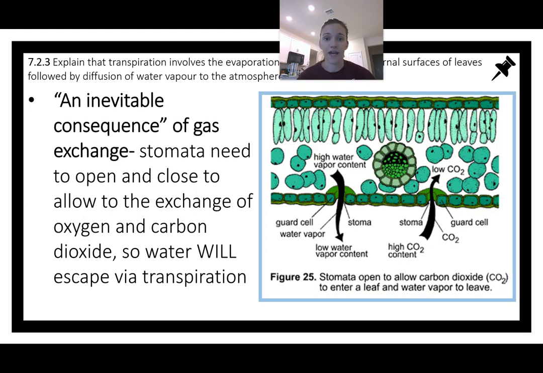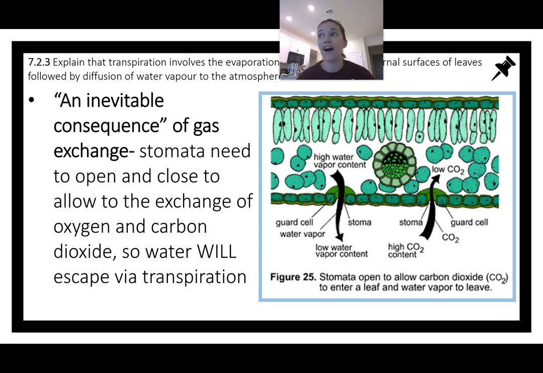Another thing that they really emphasize is that transpiration is an inevitable consequence of gas exchange, which is just the idea that because you have to have oxygen and carbon dioxide coming in and out for photosynthesis, water vapor is also a gas, it's also going to escape. Because stomata have to open and close at certain times for photosynthesis to occur, transpiration is going to occur too.